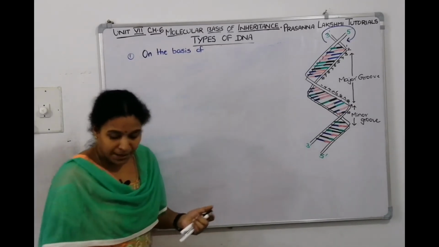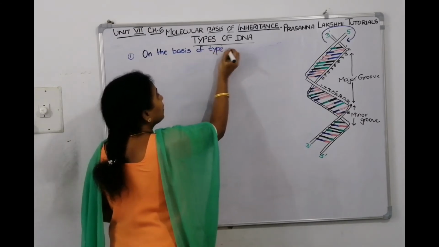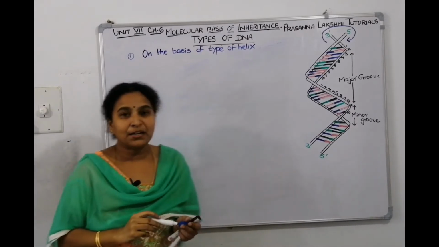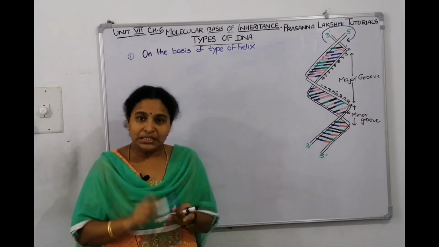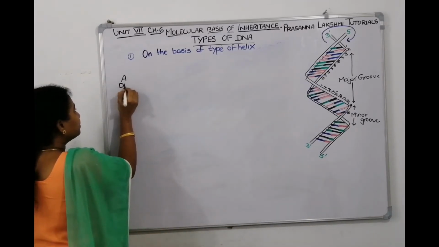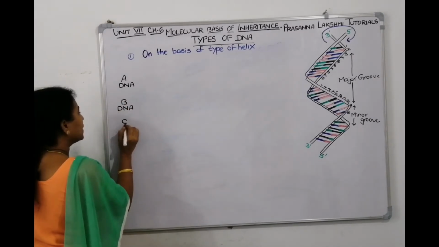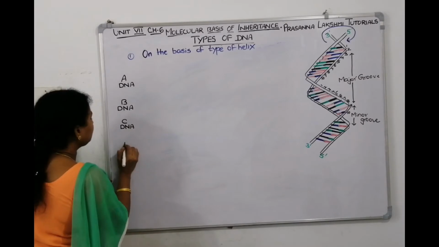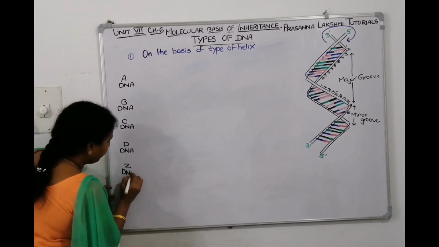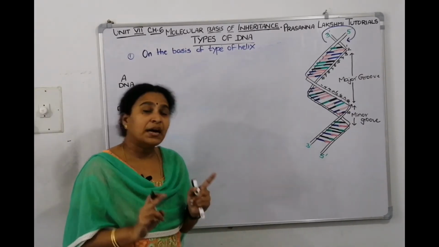On the basis of the type of helix, we are going to classify them under 5 types: A, B, C, D and Z. So, A DNA, B DNA, C DNA, D DNA and Z DNA.